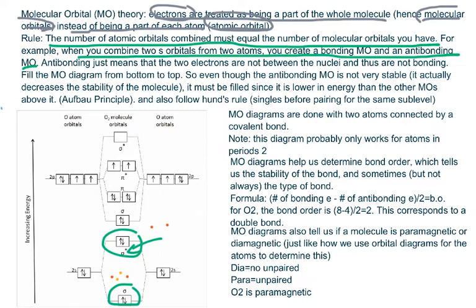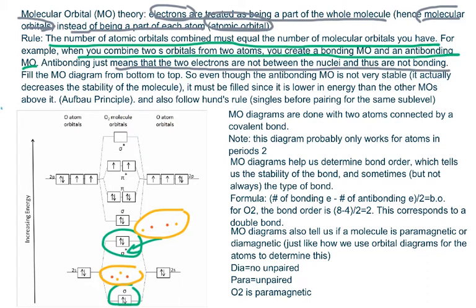So instead of bonding, they are going to be apart and not in between the two nuclei where they're supposed to be when they're bonding. So this is a visual representation of how the bonding and the anti-bonding MOs look. So anti-bonding again just means that the two electrons are not between the nuclei and thus are not bonding.